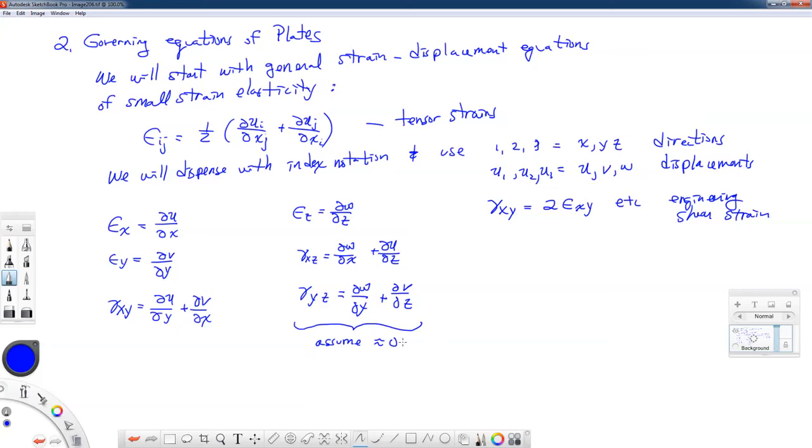Alright. So if we do that now, we have a set of differential equations. And just to emphasize this, we can start integrating these up and learn a little bit more about our displacement fields.